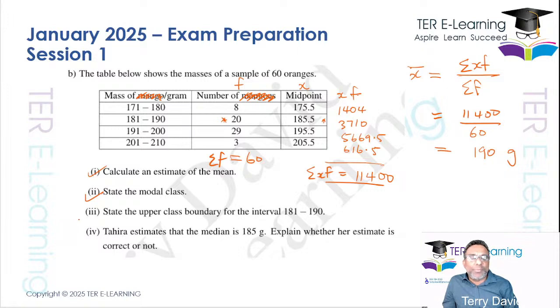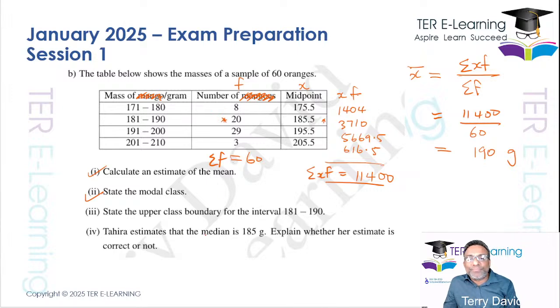We want to state the modal class. Could you all write down for me in the chat what's the modal class? People are saying 191 to 200.